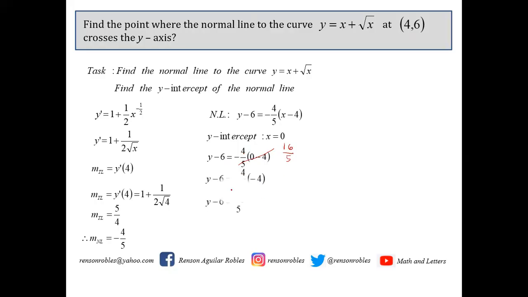So we shall have y minus 6 equals 16 over 5. And then therefore, y equals 16 over 5 plus 6, and y is equal to 46 over 5. And therefore, this normal line passing through the point (4, 6) will cross the y-axis at (0, 46 over 5).